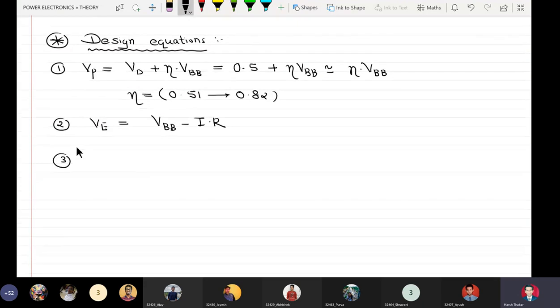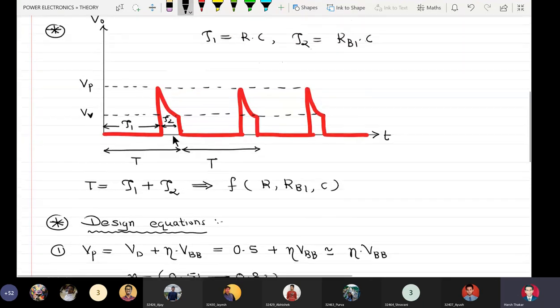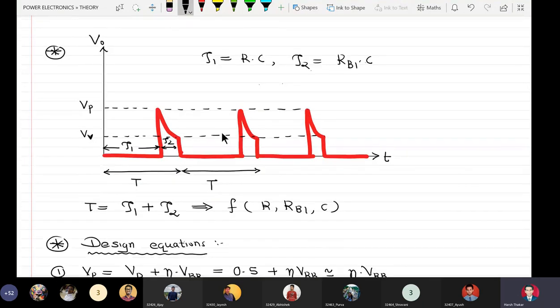Okay, so this is the pulse width, TP or T pulse.